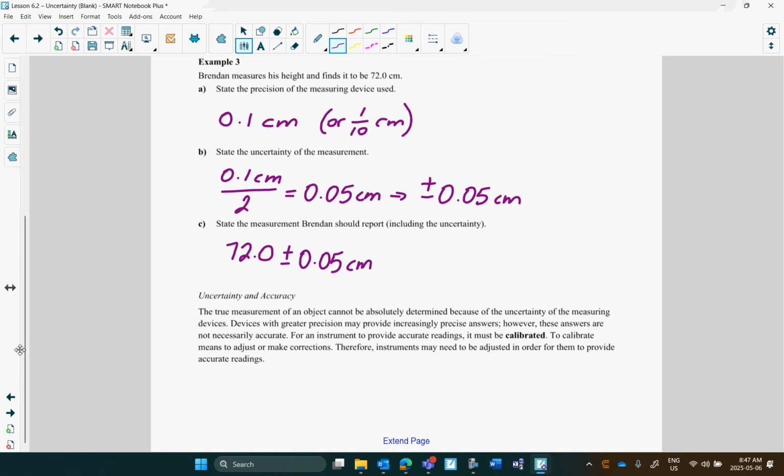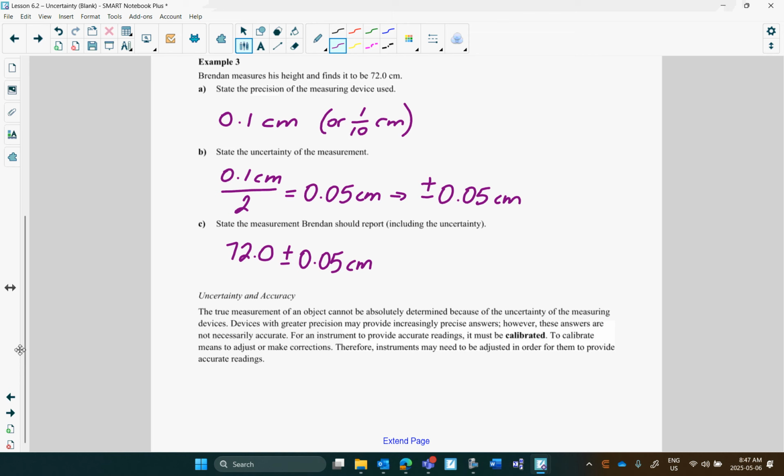Now, uncertainty and accuracy, like I said, the true measurement can't be absolutely determined because no measuring device is perfect. But devices with greater precision will provide precise answers. They could provide accurate answers, but they could also provide inaccurate answers.